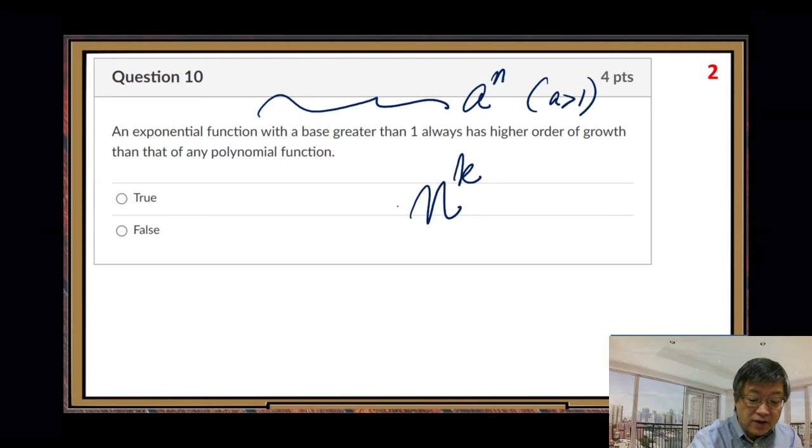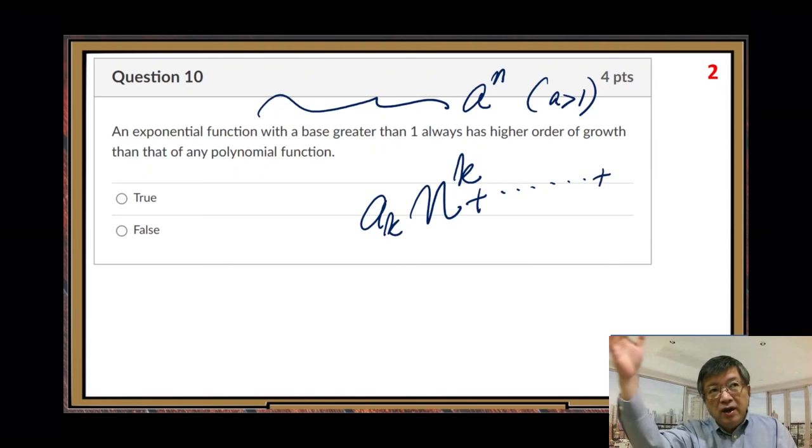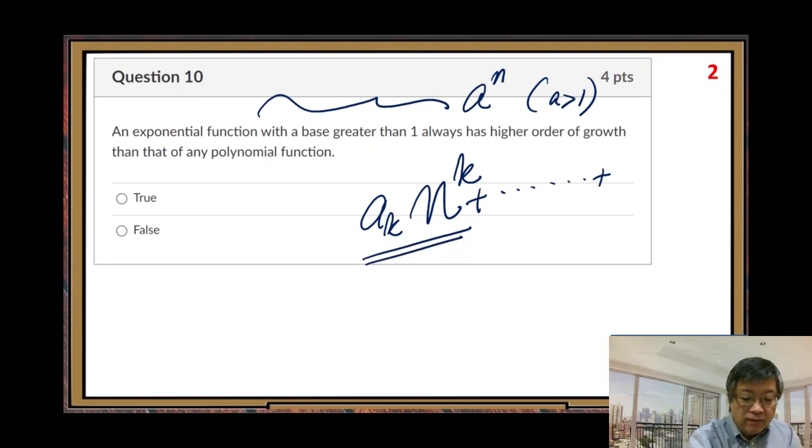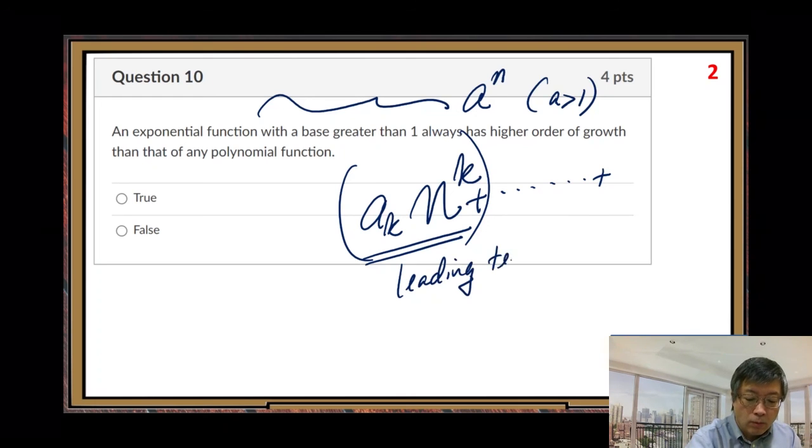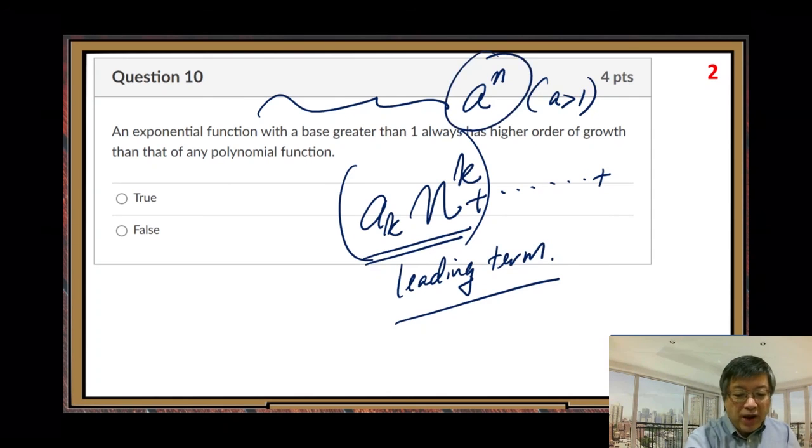Let us consider the leading term, because the remaining terms are less important. The leading term is dominant over all the other terms, so it's good enough to only consider the leading term. Then the exponential function dominates any polynomial function.